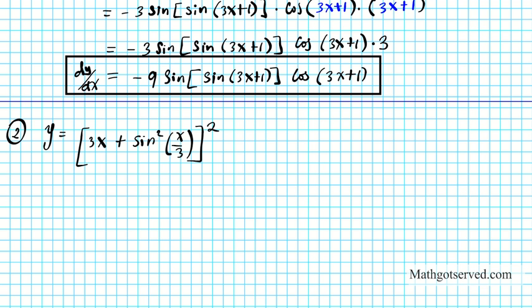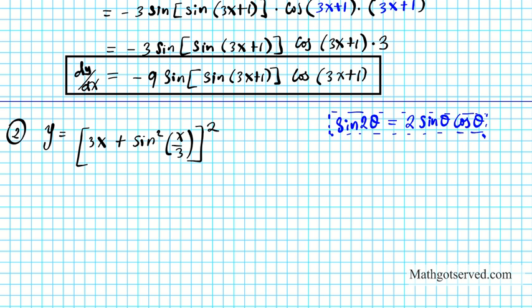Now within this problem, you're going to remember, we're going to be making use of an identity known as a double angle identity. So what I need you to remember is that sine 2 theta is the same thing as 2 sine theta cosine theta. I'm going to be making use of this double angle identity later on in this differentiation process.